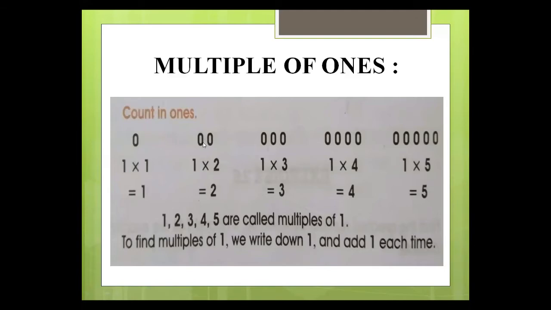So here you see that there is just one row. That's why we write one here. And how many elements in one row? You see that there are two elements, two zeros present in one row. That's why we say that 1 into 2 is equal to 2.